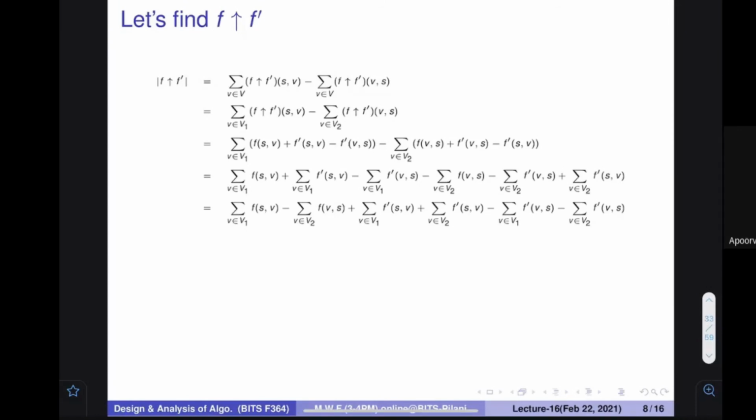Here I say that fvs, this particular quantity, I'm going to take it here. This quantity f dash sv into the v1, I think it is here. Then f dash vs into v1, this quantity is actually here.